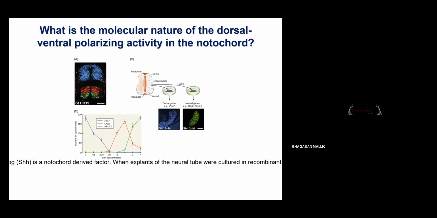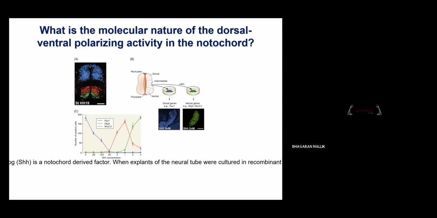When they add increasing concentrations of sonic hedgehog, there is a reduction in the expression of the dorsal gene PAX7, because sonic hedgehog defines the ventral differentiation of the neural tube. With increasing concentration you have more expression of OLIG2 and NKX2.2.